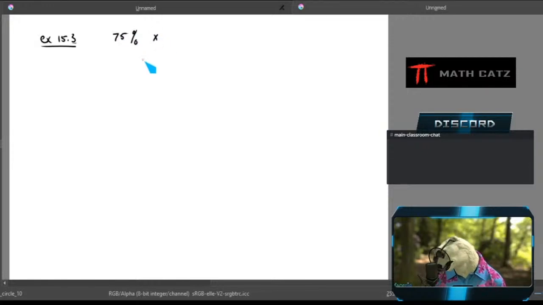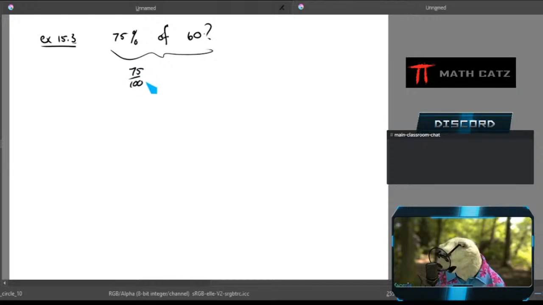Whoopsie. See how I do the multiplication already? It's bad, bad. I'm so used to "of" meaning multiplication. There we go. That's my question. I need to take 75% of 60, whatever that 60 may be. My calculation is then 75 over 100 times 60.